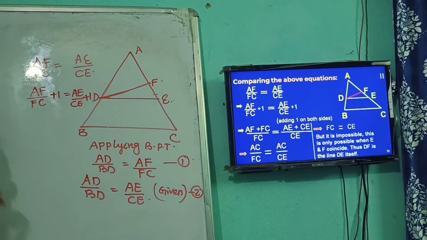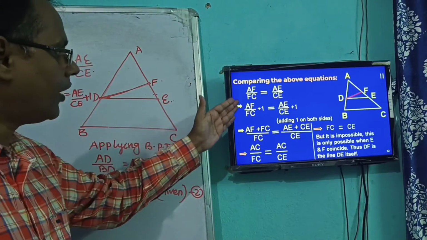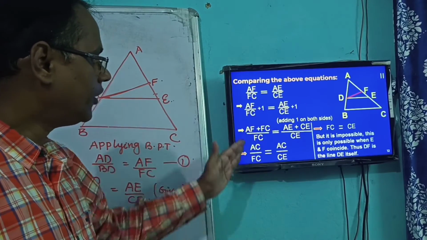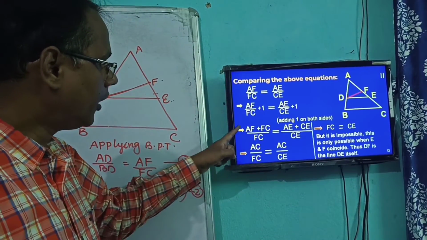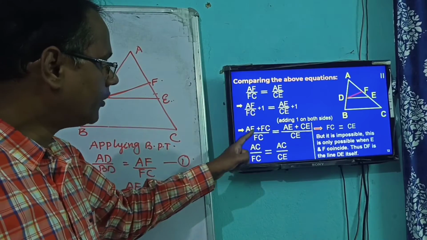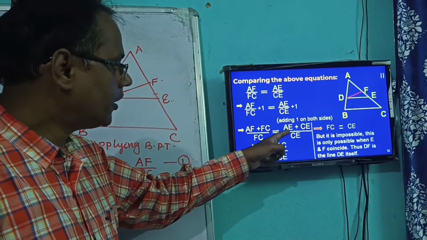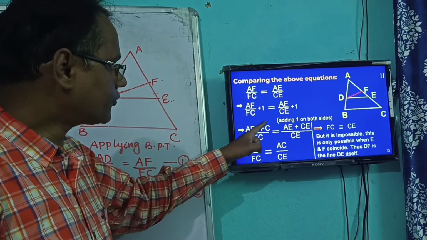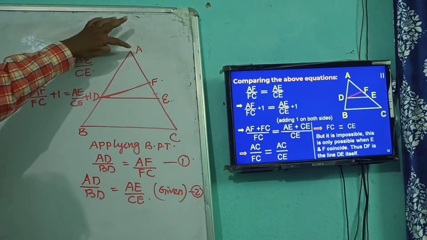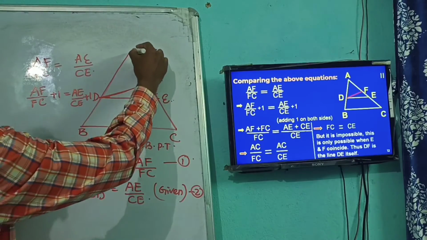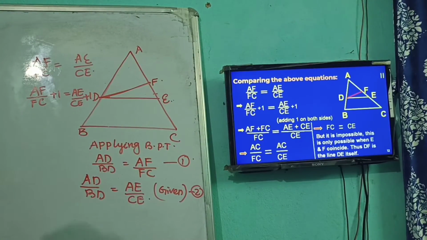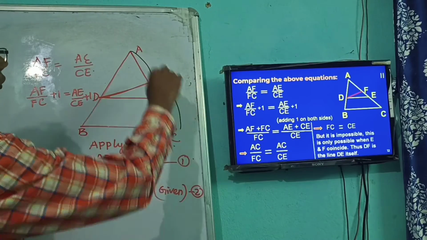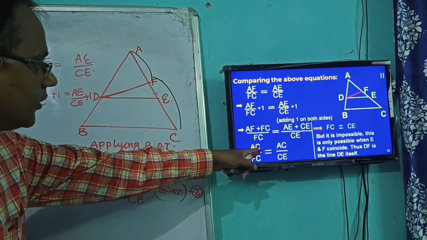Now here you see AF by FC plus 1 is equal to AE by CE plus 1. Then by taking the LCM, AF plus FC by FC is equal to AE plus CE by CE. Then by adding AF plus FC, you can look at the figure here. AF plus FC is nothing but your total AC.